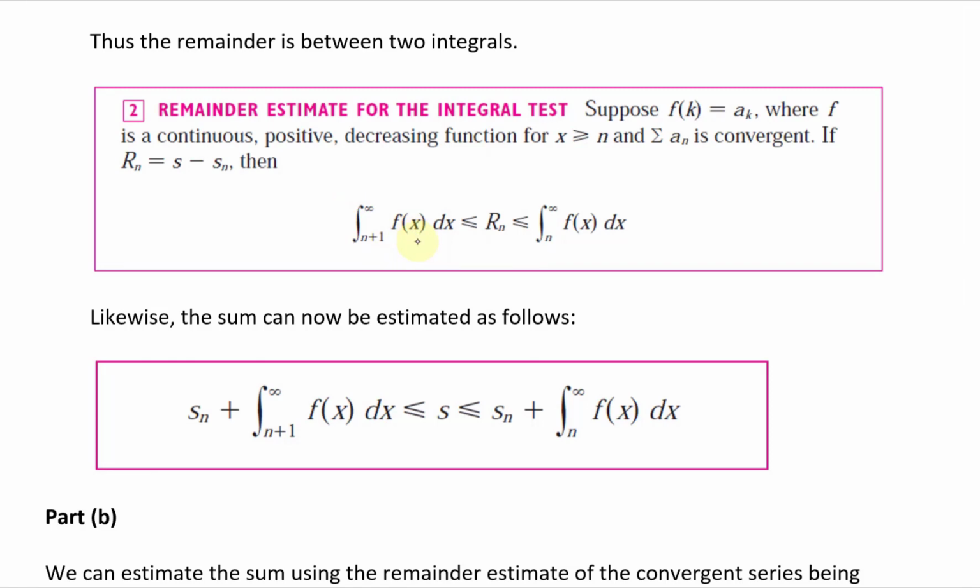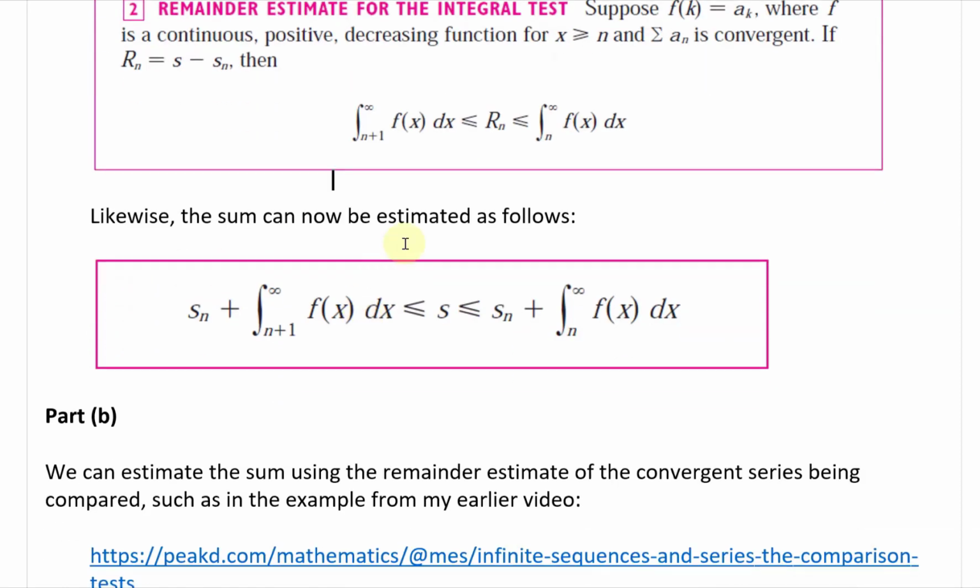So now we have an upper and lower limit for the remainder. Thus, likewise, the sum can now be estimated as follows. The sum is the partial sum plus the remainder, and the remainder is going to be less than or equal to the upper bound for R_n, the integral from n to infinity of f(x) dx.